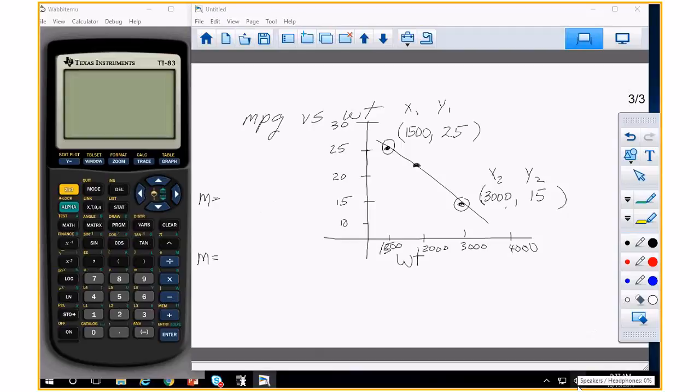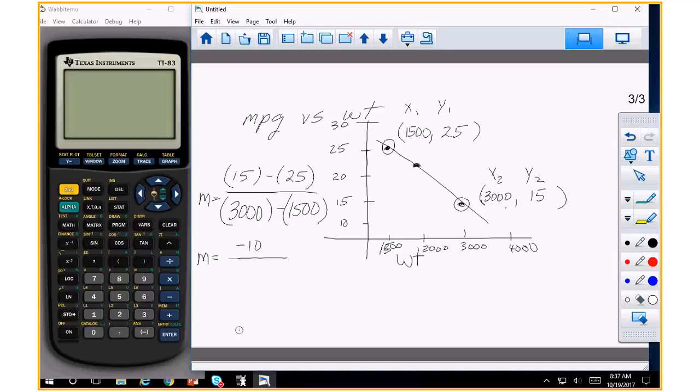Okay, so y sub 2 is 25, or 2015, minus 25 over 3,000 minus 1,500. And 15 minus 25 is negative 10.